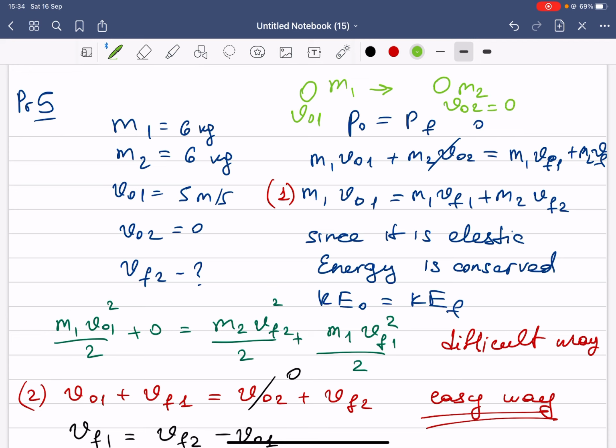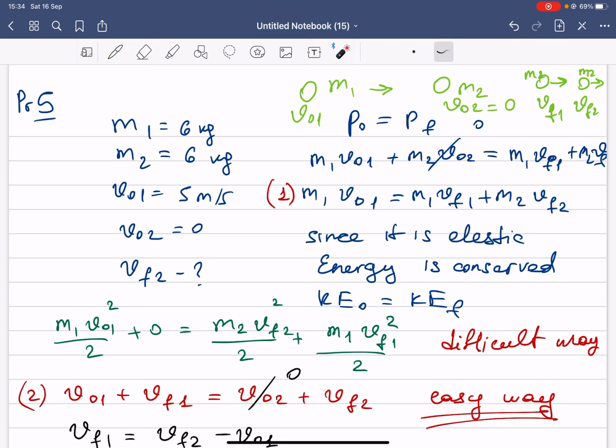After collision, both of them will move with different velocities, okay? So we'll have v final 1 and v final 2. Both of them will move at different velocities. So we have to find the v final of the second object.